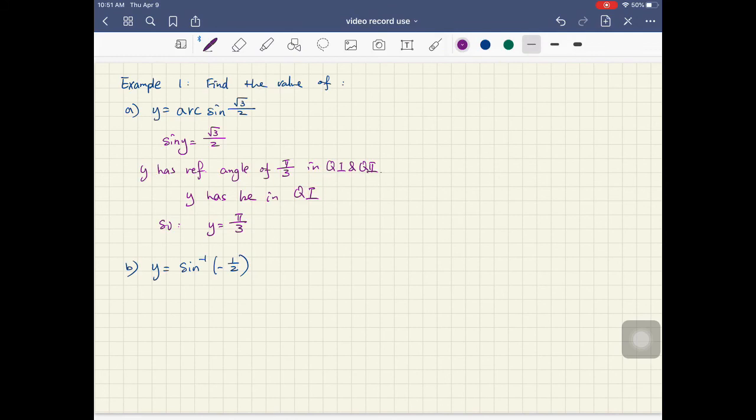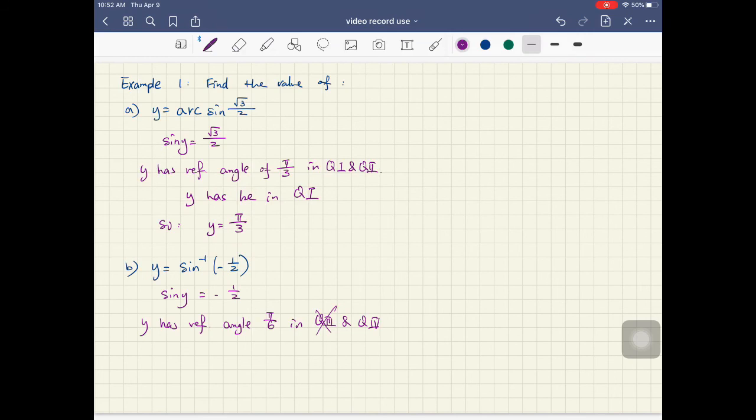According to the definition, I can write sine of y equals -1/2. The 1/2 tells me y has a reference angle of pi over 6. Negative means quadrant 3 and quadrant 4. I cannot have quadrant 3, so it's going to be in quadrant 4.